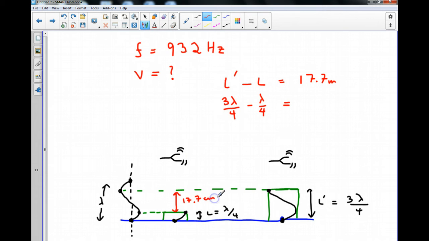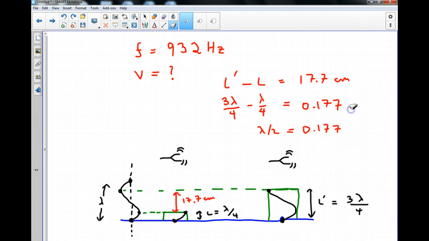I've been given my value in centimeters, so I'm going to have to convert. Okay, so I'll go ahead and convert from here to here. In meters, it's 0.177. Okay, so if you subtract, what you get on the left is lambda over 2 equals 0.177 meters.